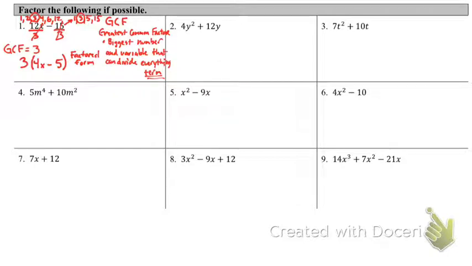What factored form is, to put it simply, is a multiplication problem. If you notice, we turned our problem into a multiplication problem.